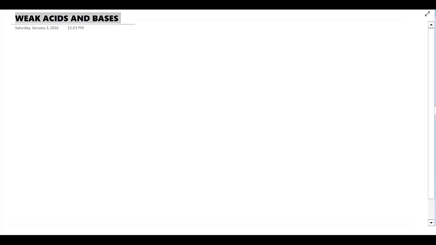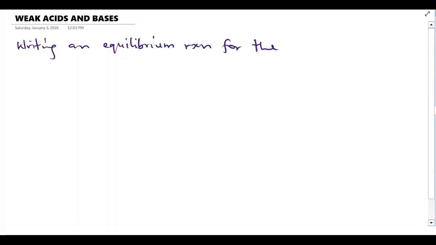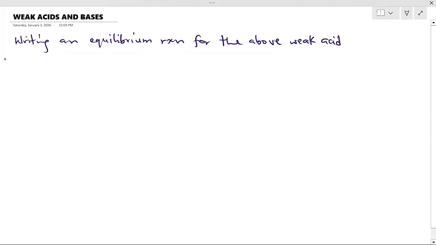So looking at that reaction, we want to write an equilibrium reaction for the above weak acid dissociation.